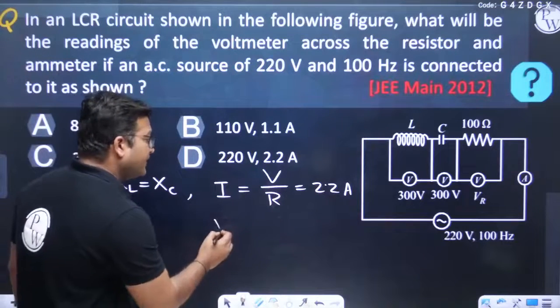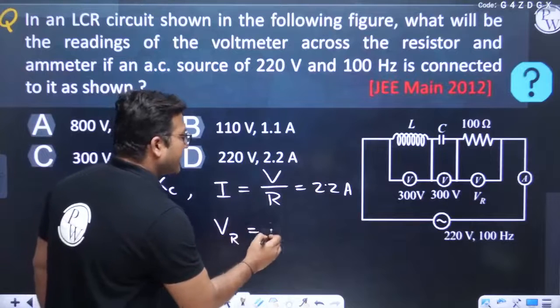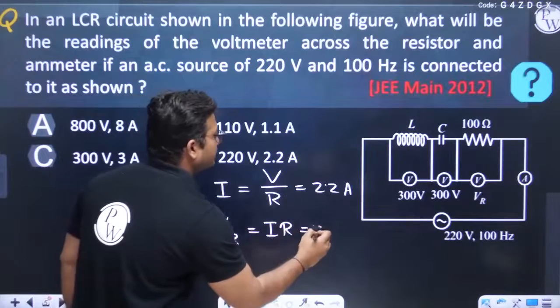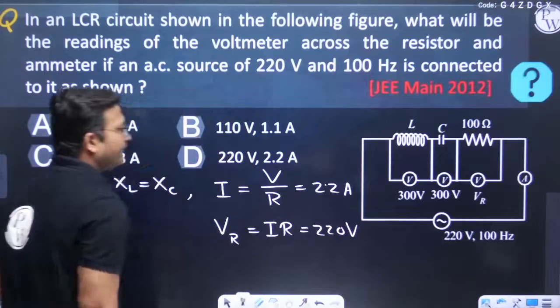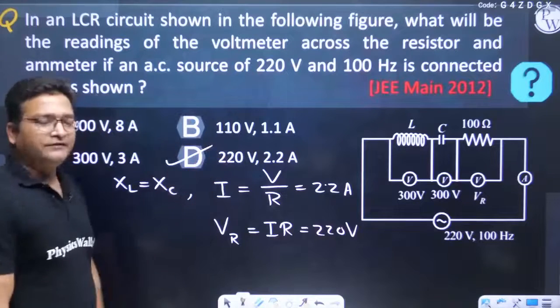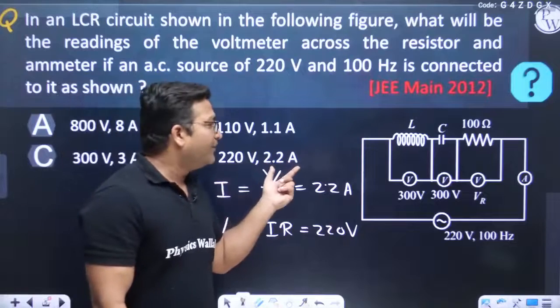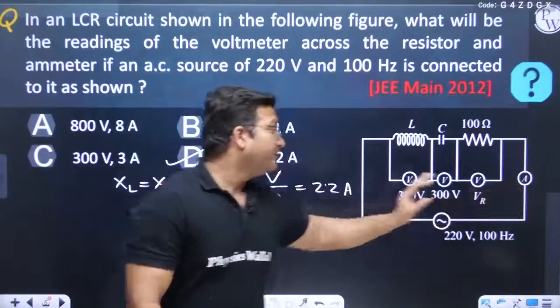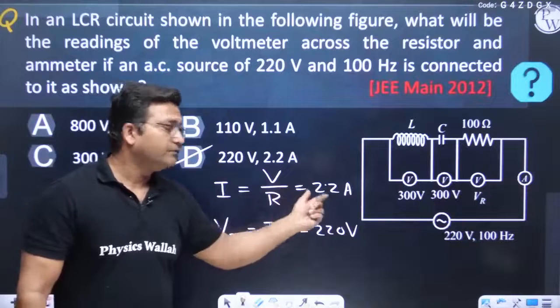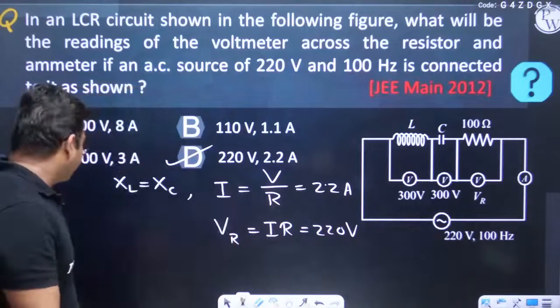And obviously VR, given by I times R, will be equal to 220 volt. So we have D as the correct choice: the voltage across the resistor is 220 volt and the reading of the AC ammeter will be the effective current, that is 2.2 ampere. Okay, so that was this question.